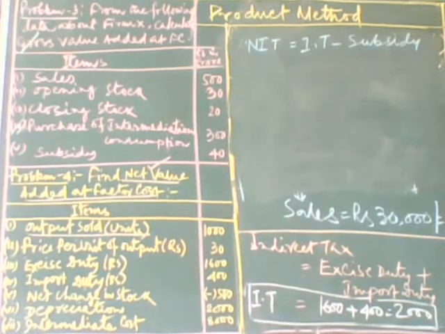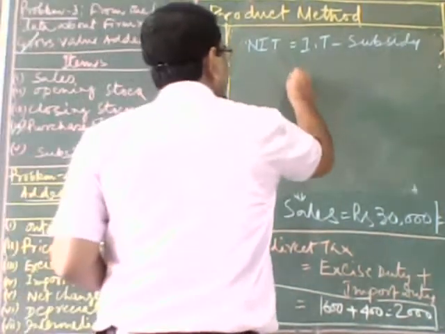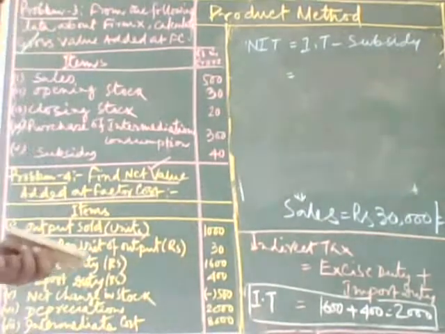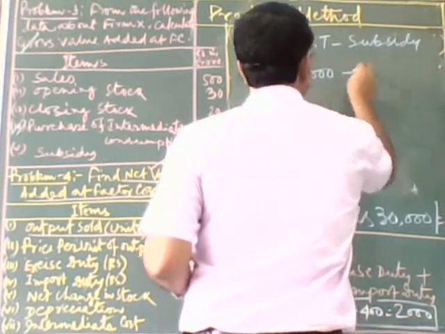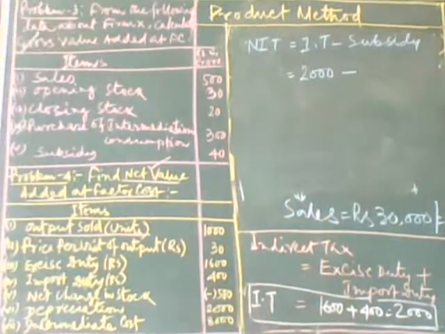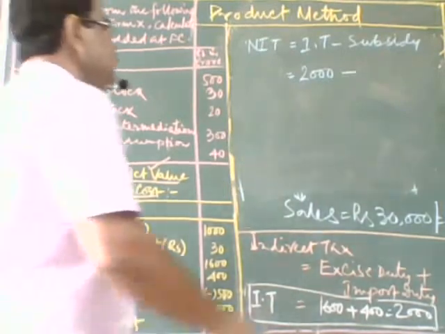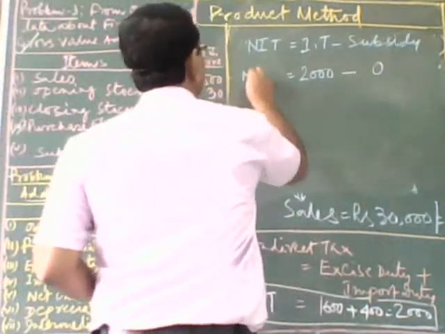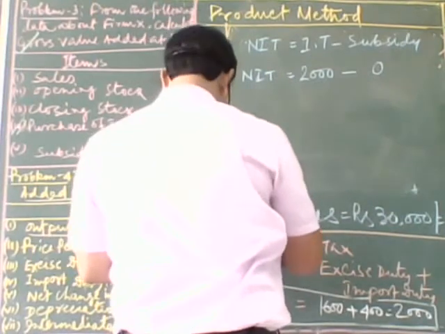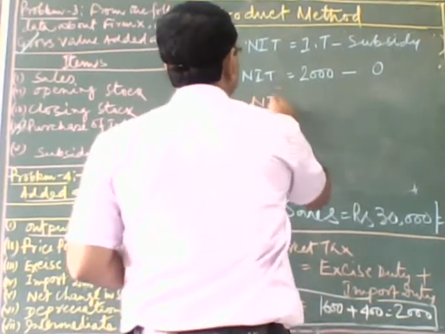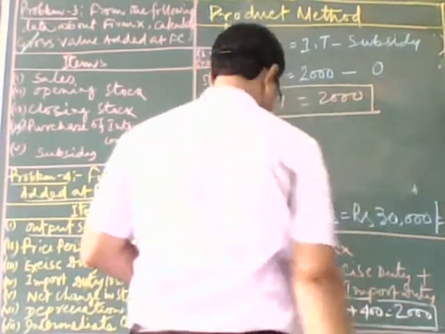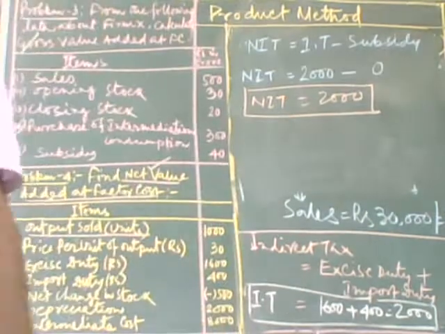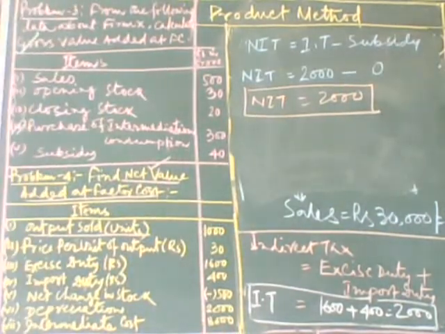Net indirect tax, NIT, is equal to IT, indirect tax, minus subsidy. Here already we have calculated the value of indirect tax. That value is 2000. You have to put the value 2000 minus subsidy. According to this question, subsidy is not given, so you can consider this value is 0. Therefore, NIT is equal to 2000.